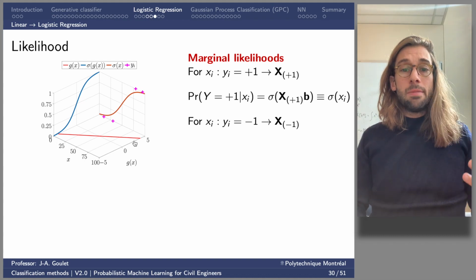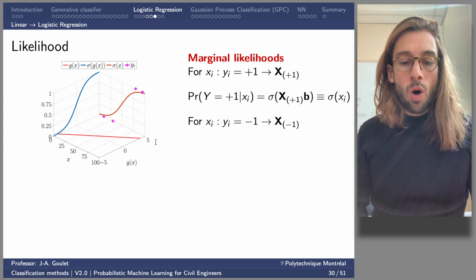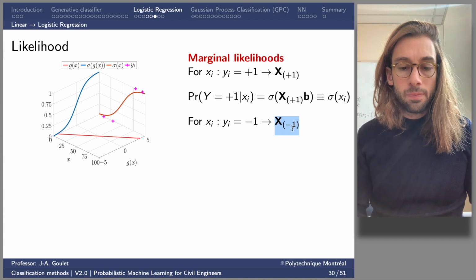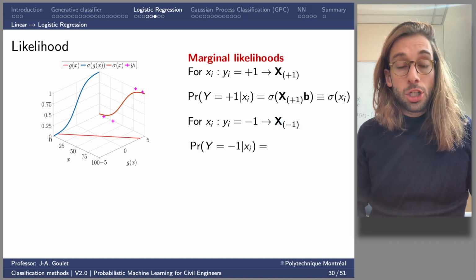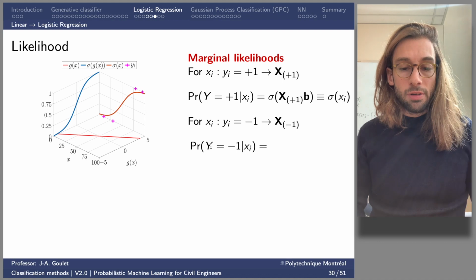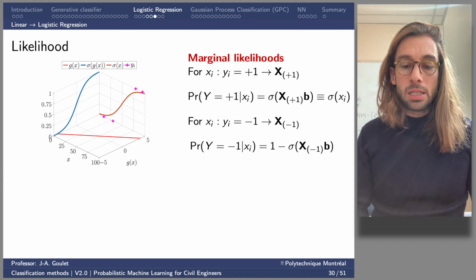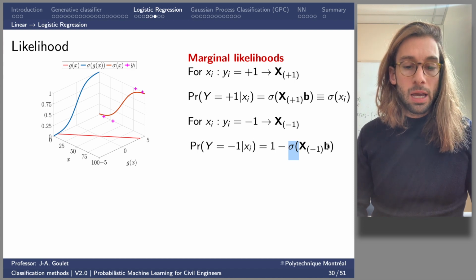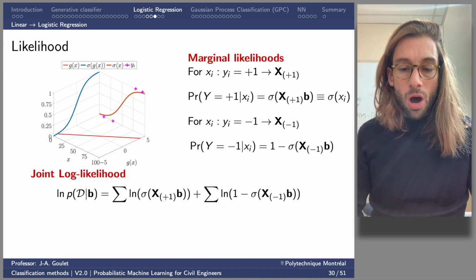So now I have to do the same thing for the second class. So yi equal -1. Okay, I build again my model matrix for all the xi equal -1. And my conditional probability of y equal -1 given x is going to be 1 minus the sigmoid of x -1 times b. Why is it this?